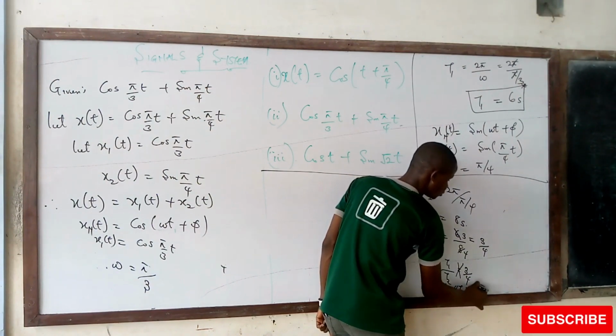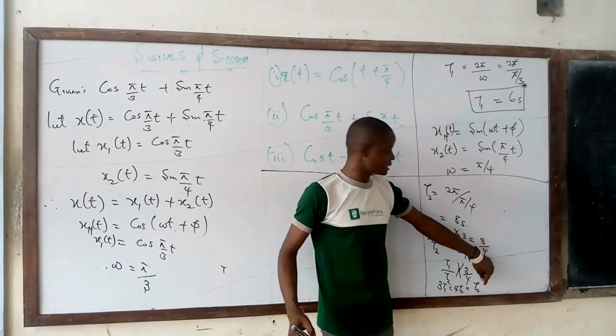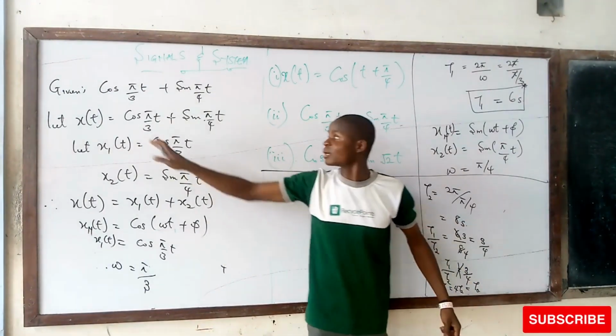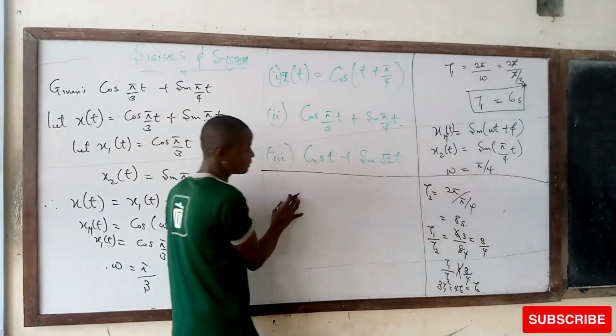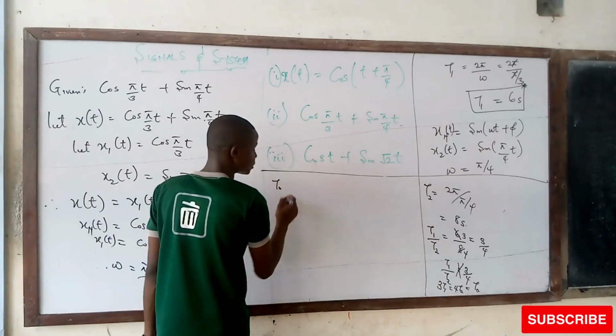Which is going to be equal to my T0, where T0 is going to represent the general period for these two signals. So in that case, let me finally finish it here. Let's just pick one out of that equality.